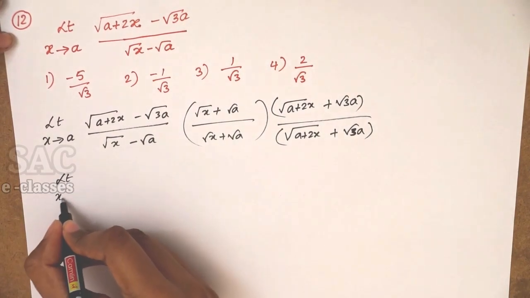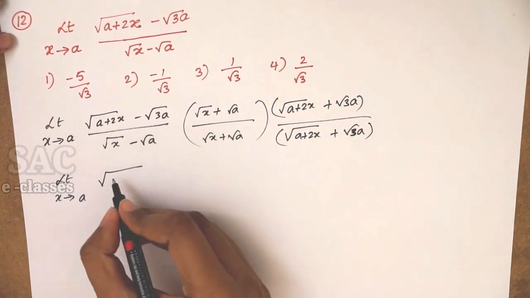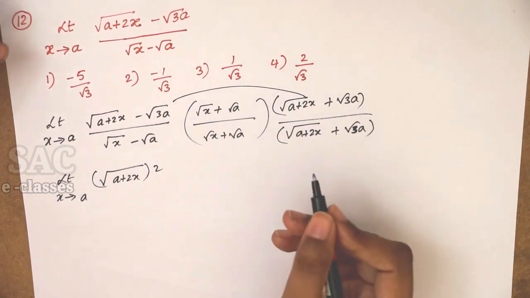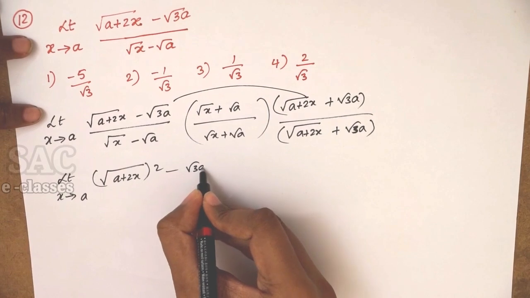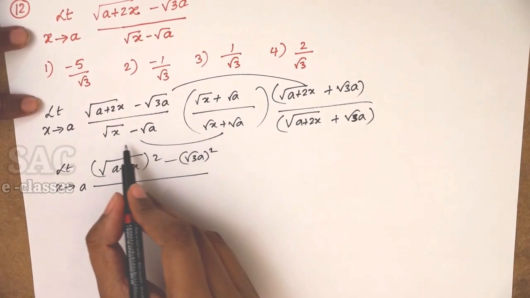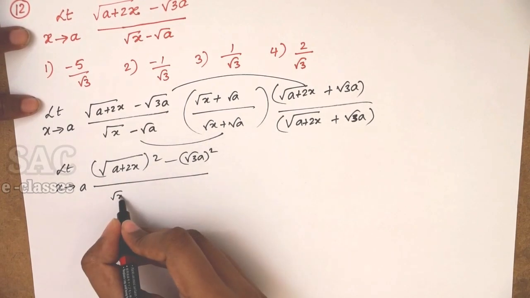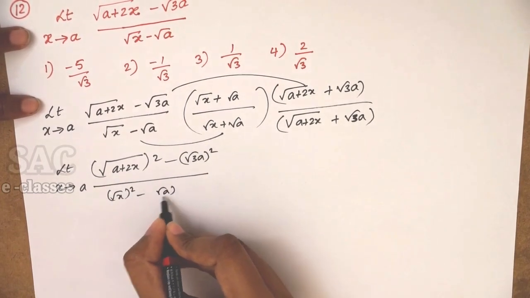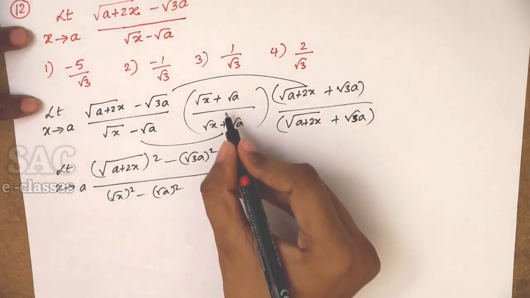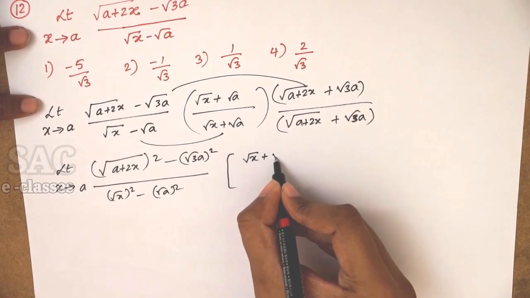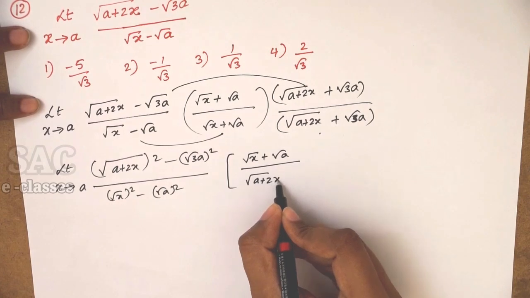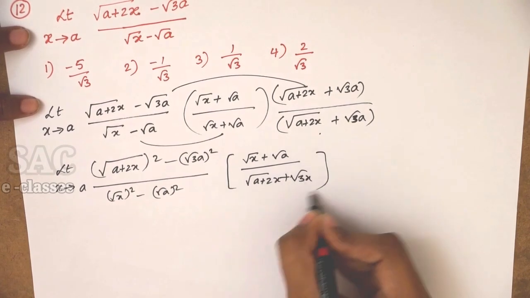So limit x tends to a, (root over a plus 2x) whole square minus (root 3a) whole square, as it is looking like (a plus b)(a minus b), by (root x) whole square minus (root a) whole square, into... Now what is left over in the numerator? Root x plus root a is left over. In the denominator, root over a plus 2x plus root 3a is left over.